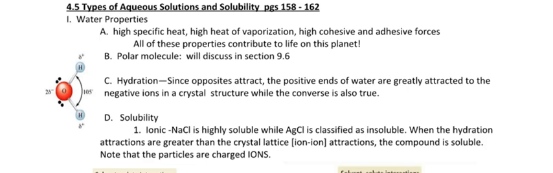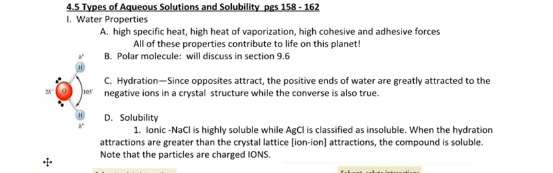If you remember from your first year chemistry class, polar means there's an unequal distribution of electrical charge. That means it has a partial positive and partial negative, and you can see that right here. The hydrogens are the areas of partial positive, and the oxygen is the area of partial negative.